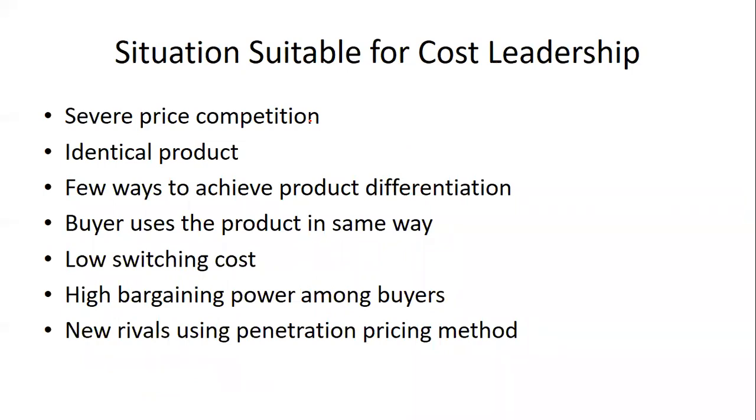So when we talk about situations for cost leadership, we have severe price competition, identical products, few ways to achieve product differentiation, buyers use the product in the same way, low switching cost, higher bargaining power among buyers, as well as rivals who are penetrating with the price method. So these are the situations in which you can implement your cost leadership.